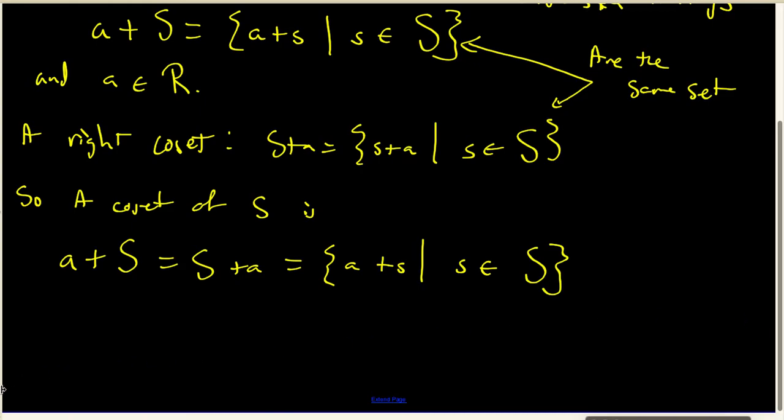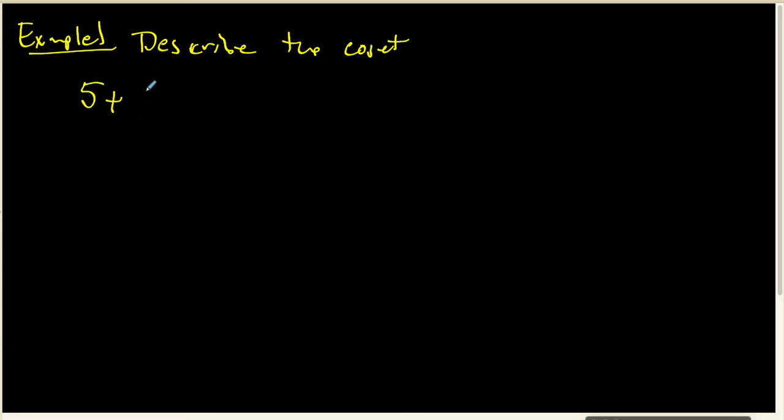Well, I want to actually look at some examples of cosets in some of our familiar rings. So I would like, as my first example, to describe the coset. Let's make it 5 plus 8Z inside the ring Z. In other words, what we have going on here is that 8Z is known to be a subring.